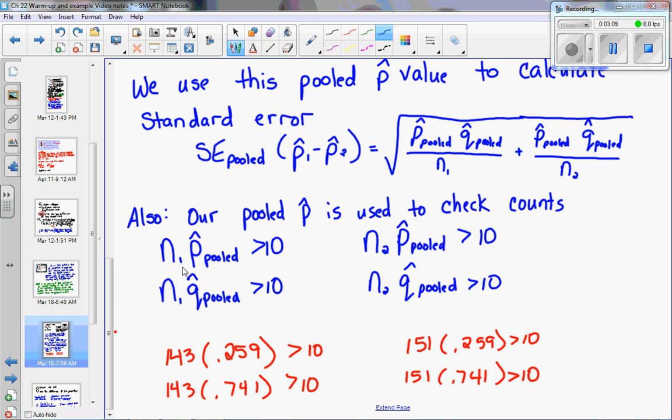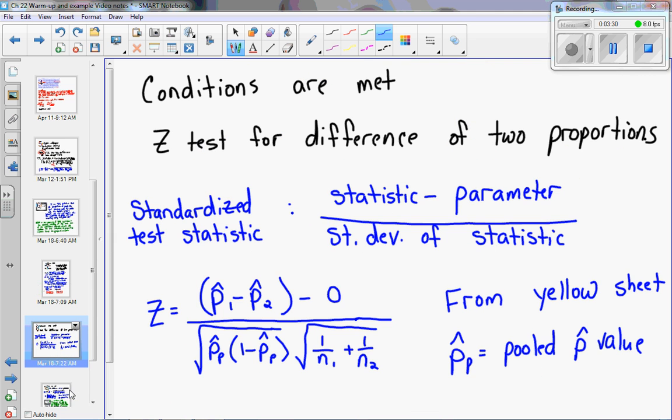So it should be N1 times my pooled p hat. I made those calculations down here. That would be another slight difference, because I'm assuming that they all come from one group, I would be using that value to check those conditions. Other than that, the conditions are the same, and we've already discussed those and met those.